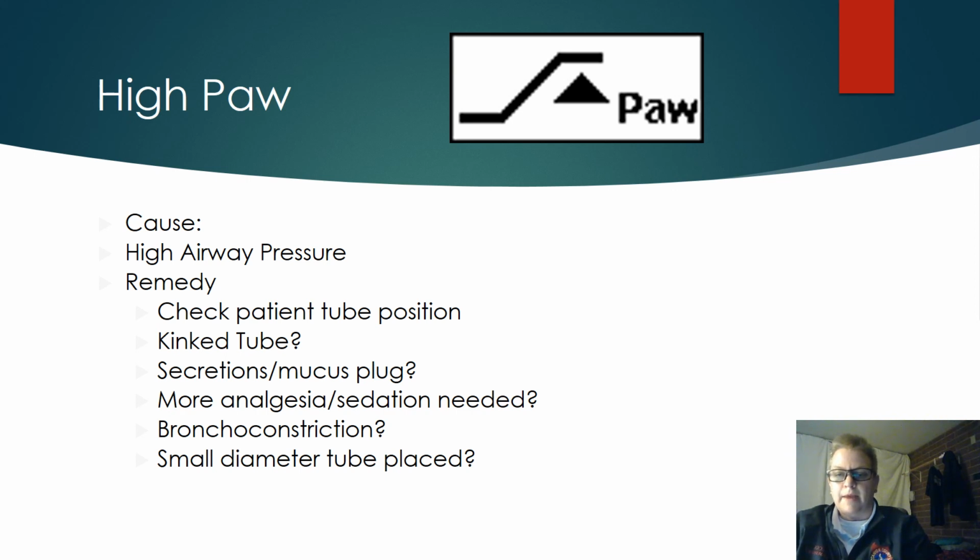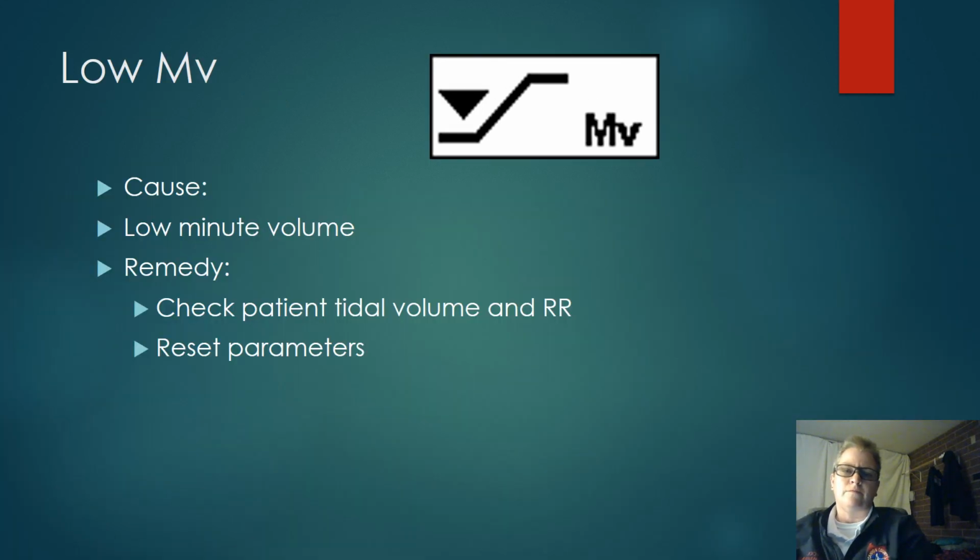Do we need more pain and sedation? Is there more bronchoconstriction happening? Small diameter tube placed. So if you put a small tube in and you should have put a bigger one in, it's going to have a high or low minute volume. So what can affect our minute volume? Our tidal volume and our respiratory rate. So redo your math. Make sure everything's good.